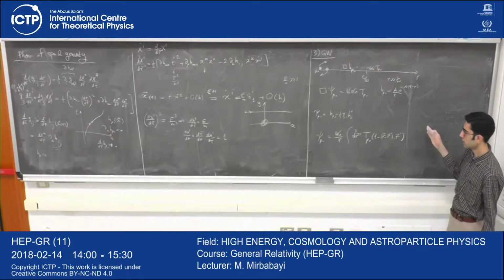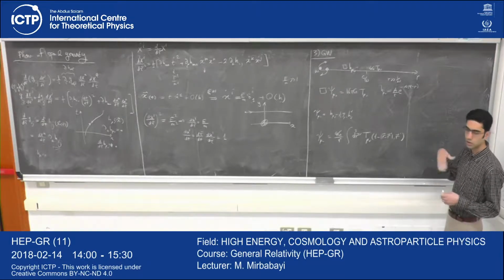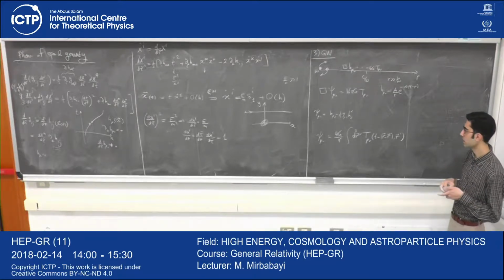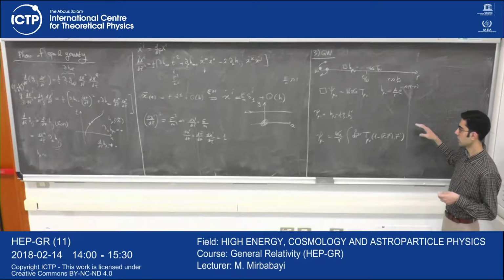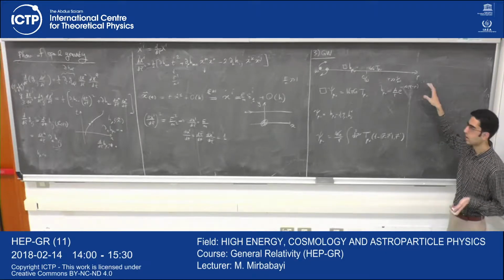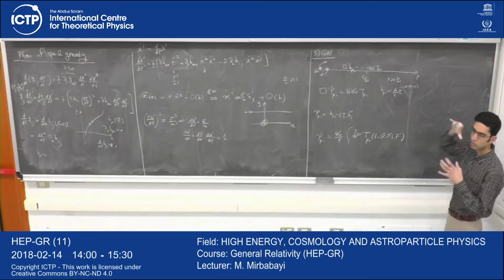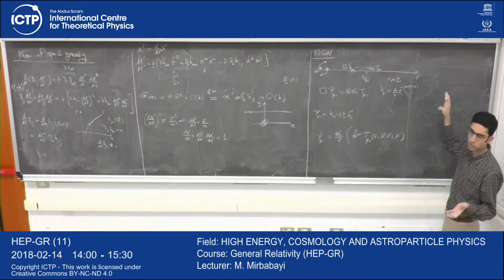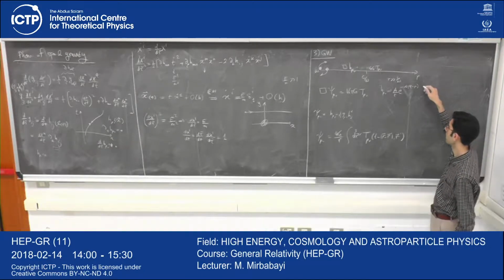So we get the retarded solution if we have a system which has some characteristic frequency that gives us some waves that at large distances look like this. If we consider some local observatory, for them these waves look like plane waves.